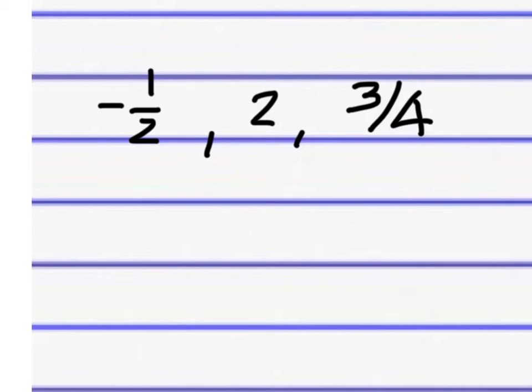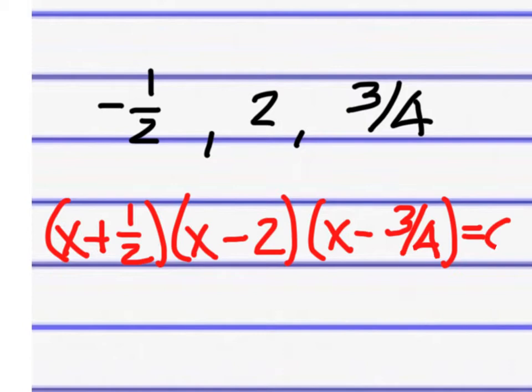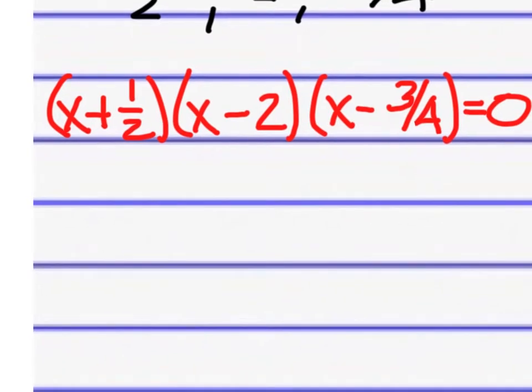So we will set it up as x plus 1/2, x minus 2, and x minus 3/4. Multiply these in any order, the first two quantities, the last two quantities, or the first and last, whichever you want to go to. I am going to do it this way.